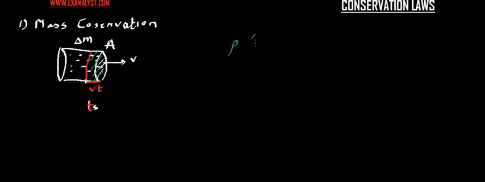But what is the volume? Volume is v into t into A. So this much water in this volume is ready to flow out. This is the mass flow. In t seconds, this much mass of water is flowing out of this cylindrical tube.